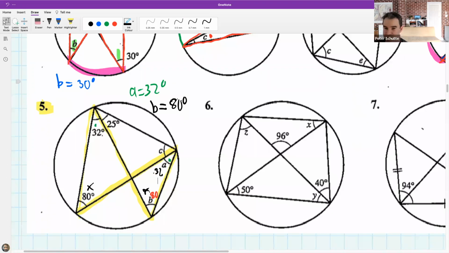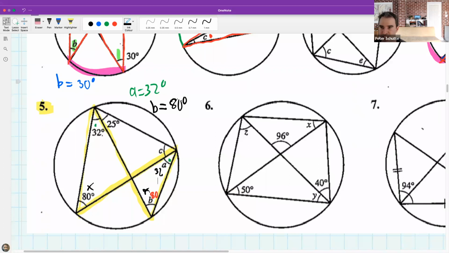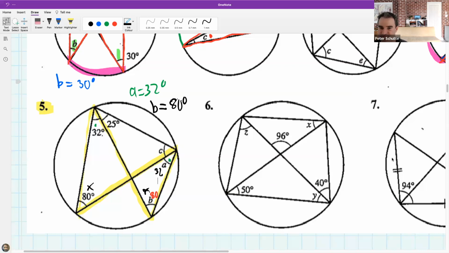C is a bit nasty. Who wants to share how they got to C? Because I want to see what's going on. Who will share with us their journey to C? Because there's some nice debate.